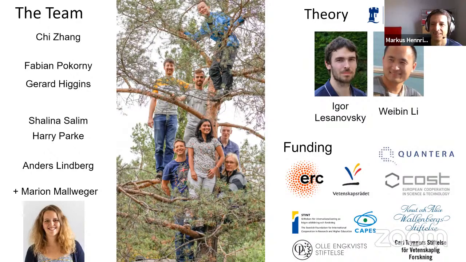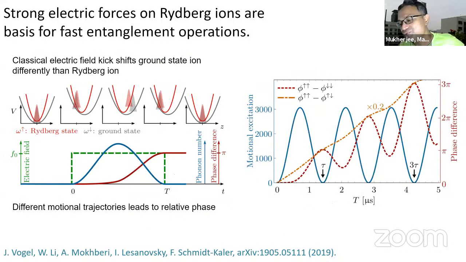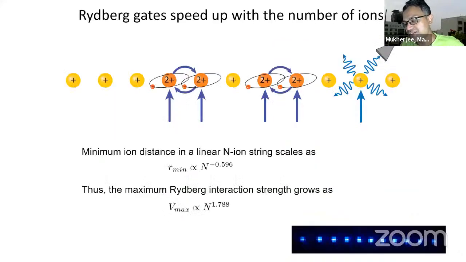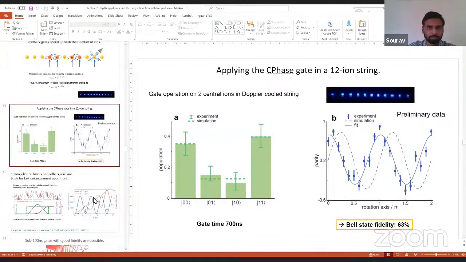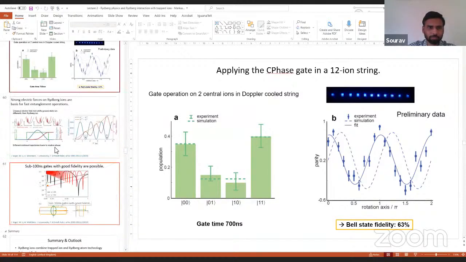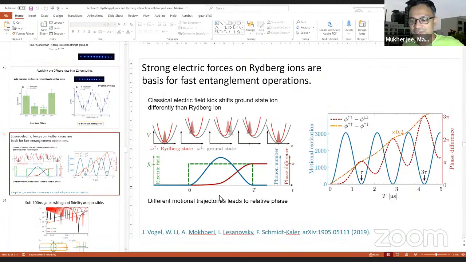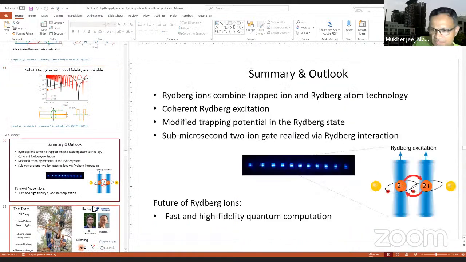Just one slide back. One more. Maybe the summary slide. Which number? The next one. Down. That one? No, down. Yeah, here. I think this slide. Yeah, that one.